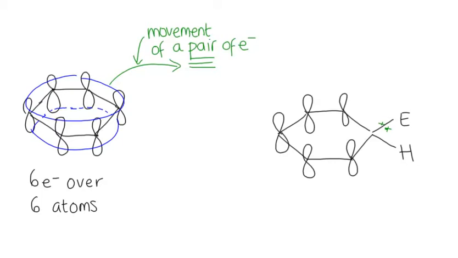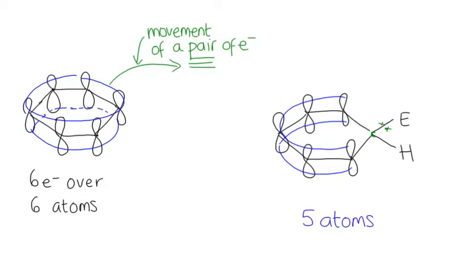And so the p orbital that was involved in the pi bonding on the carbon here is now involved in bonding to the electrophile. And so now there is still delocalized electrons, but they're not spread out over all 6 atoms. They're spread out over 5 atoms.